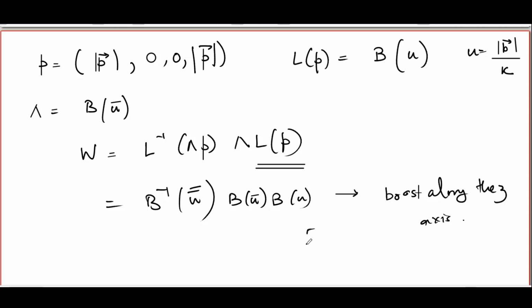So the structure ultimately has to be something like this. It has to have an identity along the x and y directions, and you would have gamma, gamma beta, gamma, where beta is the corresponding overall velocity of whatever this Lorentz transformation is going to be, whatever this boost is. But we already know what the structure of W is like.